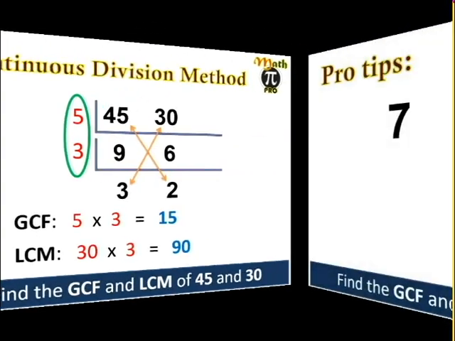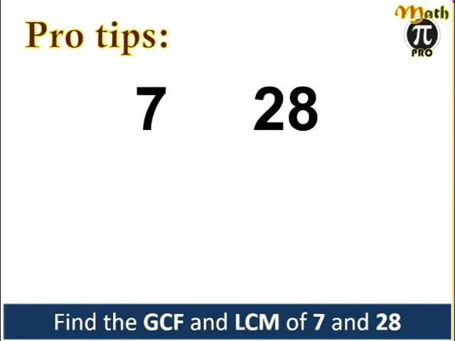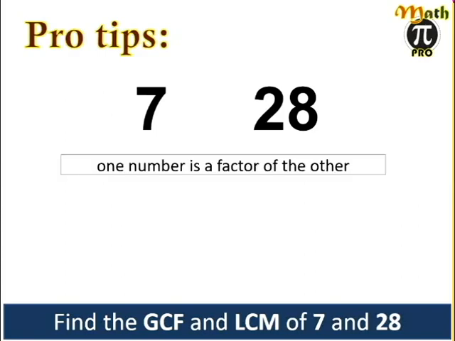Okay, but did you know that without computations, you can actually get the GCF and LCM of two numbers? Let's take this for example. Find the GCF and LCM of 7 and 28. Notice that one number is a factor of the other. 7 is a factor of 28.